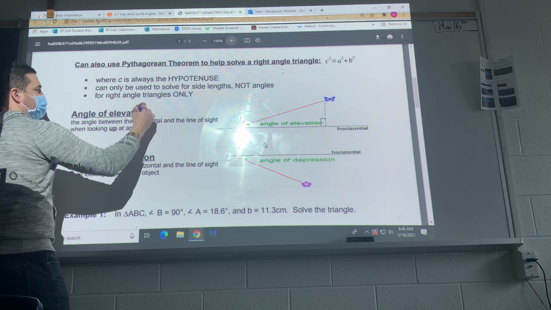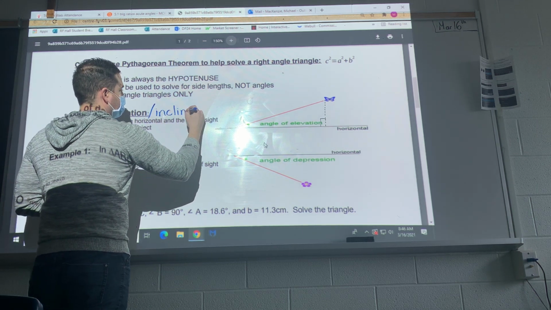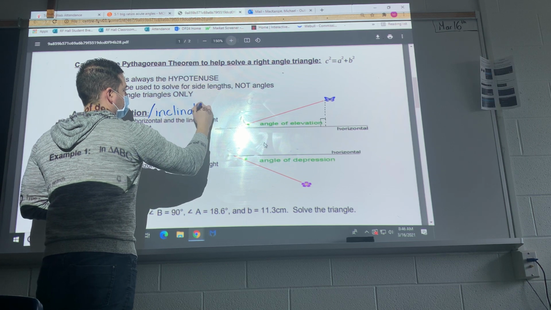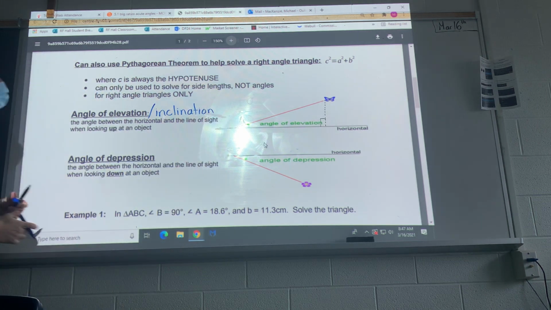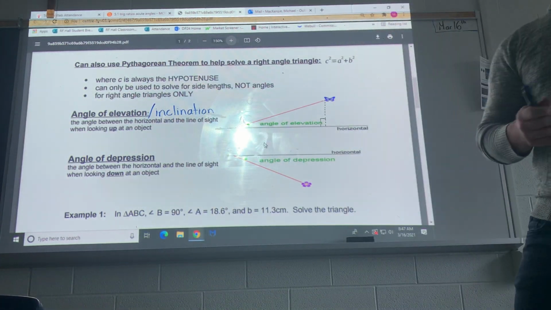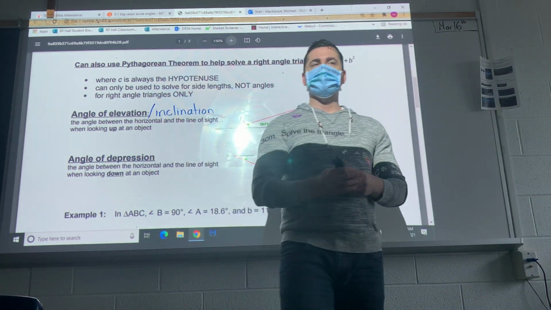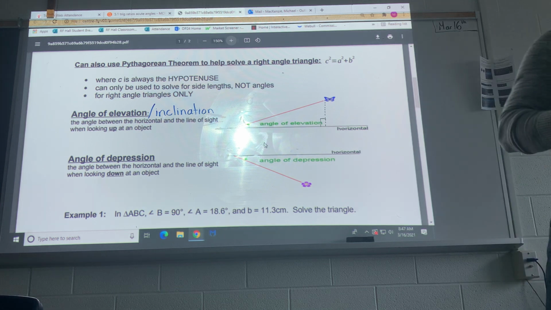Sometimes angle of elevation is called angle of inclination, because it's the incline. So it's the same thing if you see those two words.